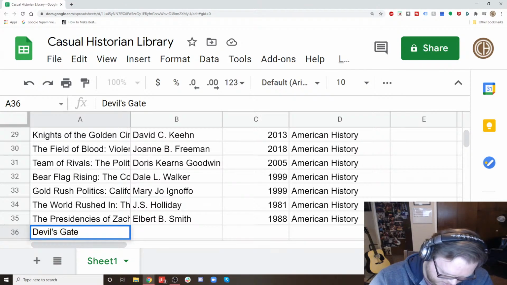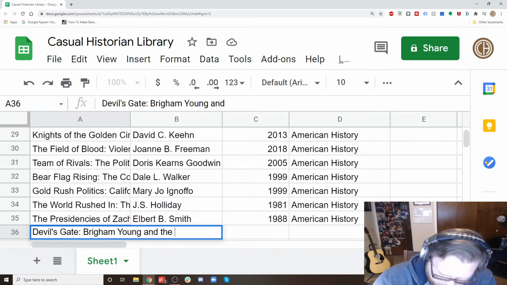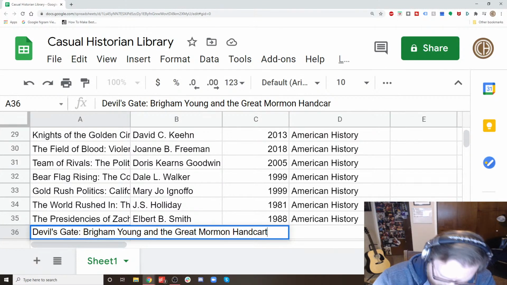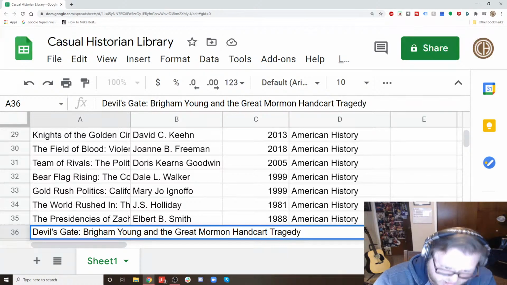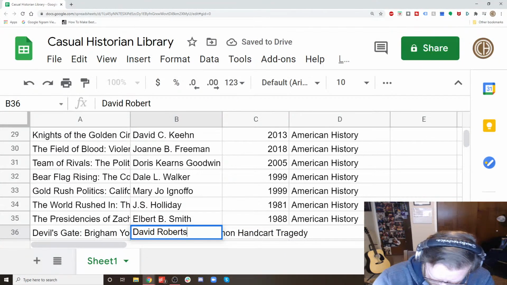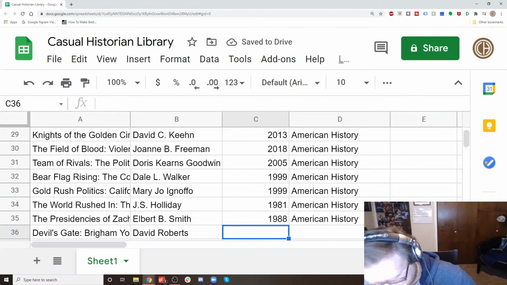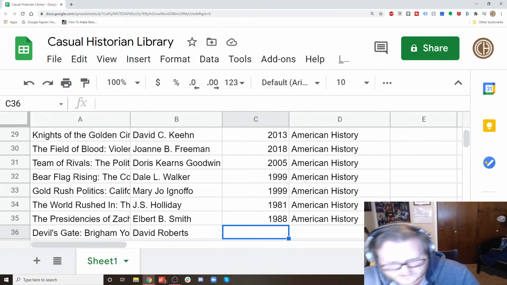Devil's Gate, Brigham Young and the Great Mormon Handcart Tragedy, by David Roberts. Published in 2008.